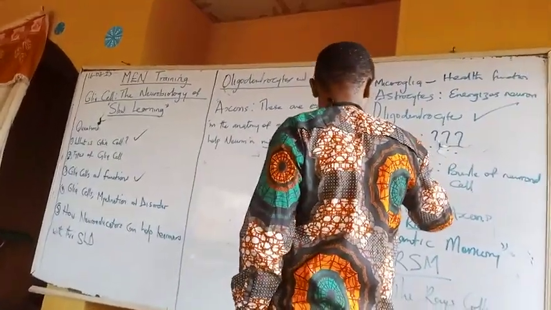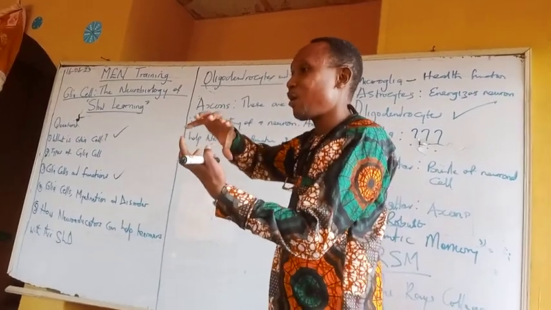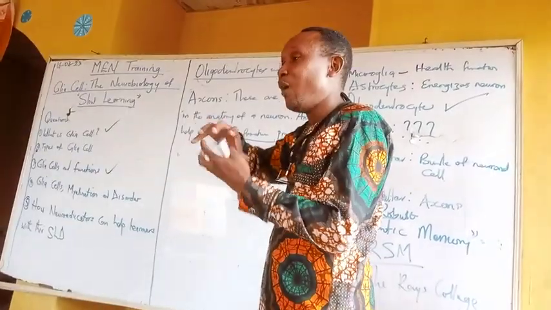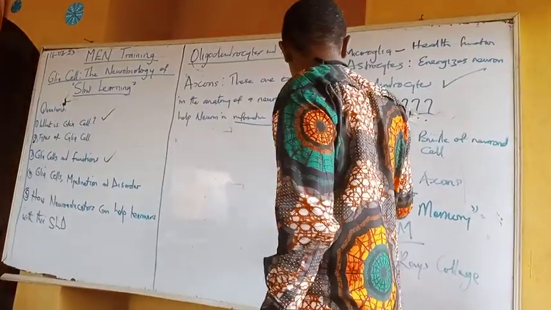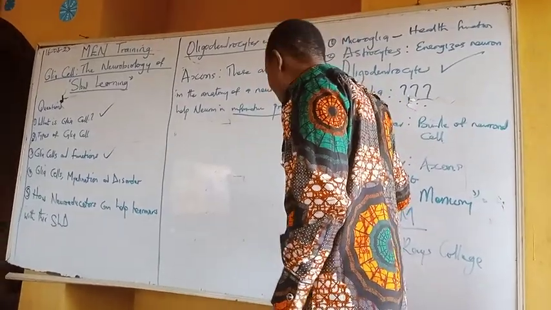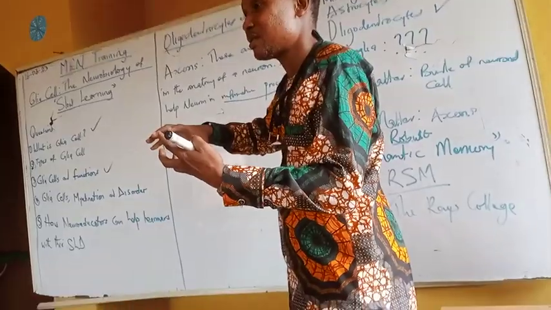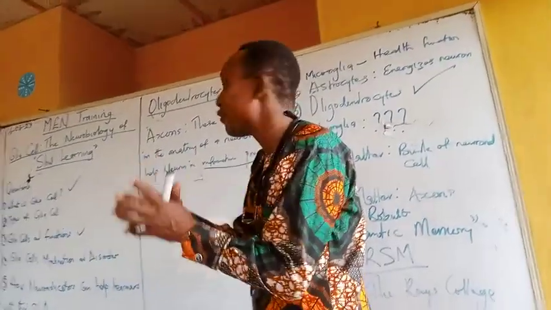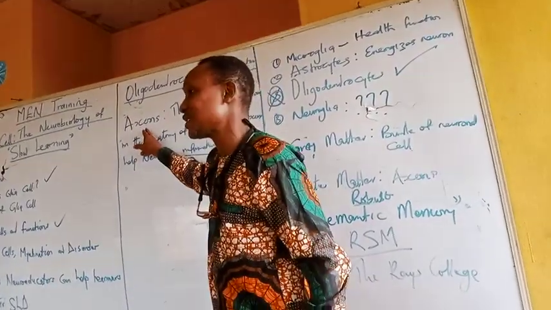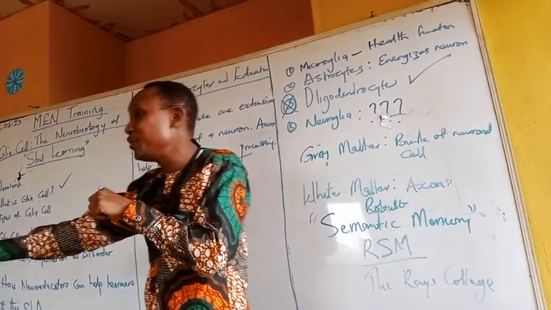The gray matter, these are just collections of neurons. The white matter is the combination, or the total sum, of axons. Axons are part of the neurons.